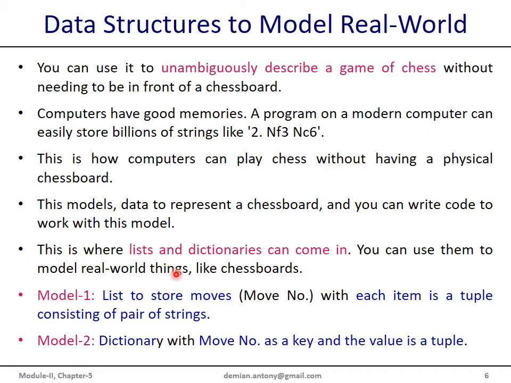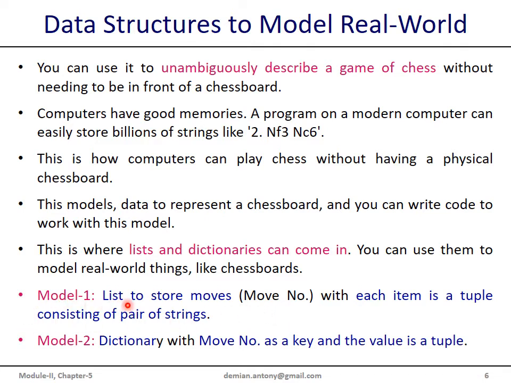Let us think about the advanced data structures like lists and dictionaries. Definitely we can choose one of the data structures, that is list or dictionary, to model this chessboard as well as the chess piece movements.